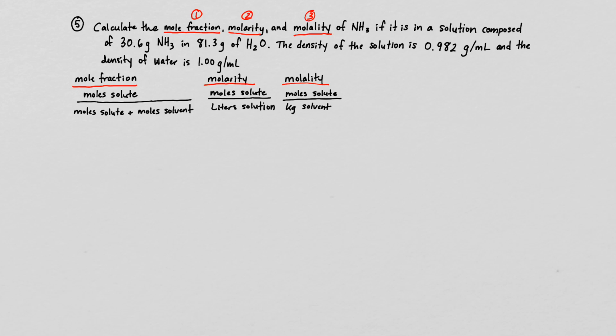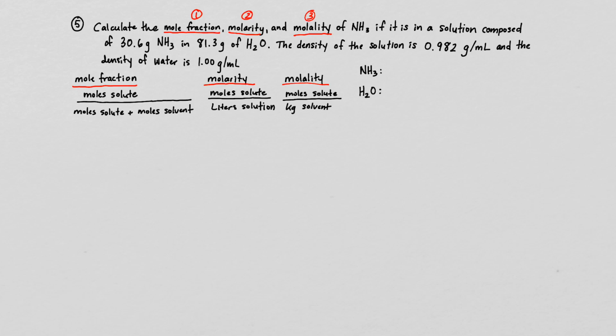Okay, so we have two chemicals here. We have NH3, okay, which I'm going to put here. NH3, this is ammonia. Okay, I'm just going to put a colon here just so we can write it out. And the other is, maybe, hopefully you guessed it, the other is water. Okay, so between these two, I have to figure out what is my solute and what is my solvent. Okay, so remember that my solvent is the one that's there in the greatest amount.